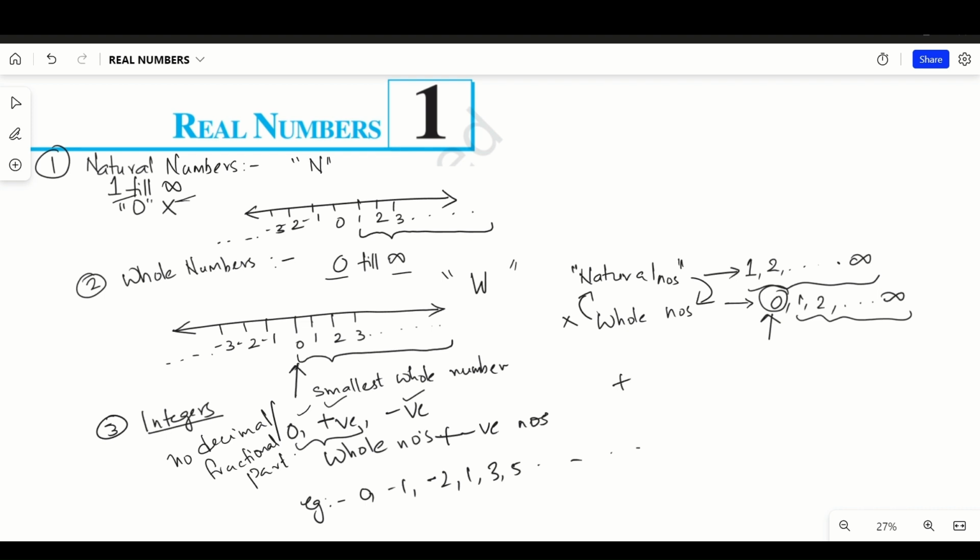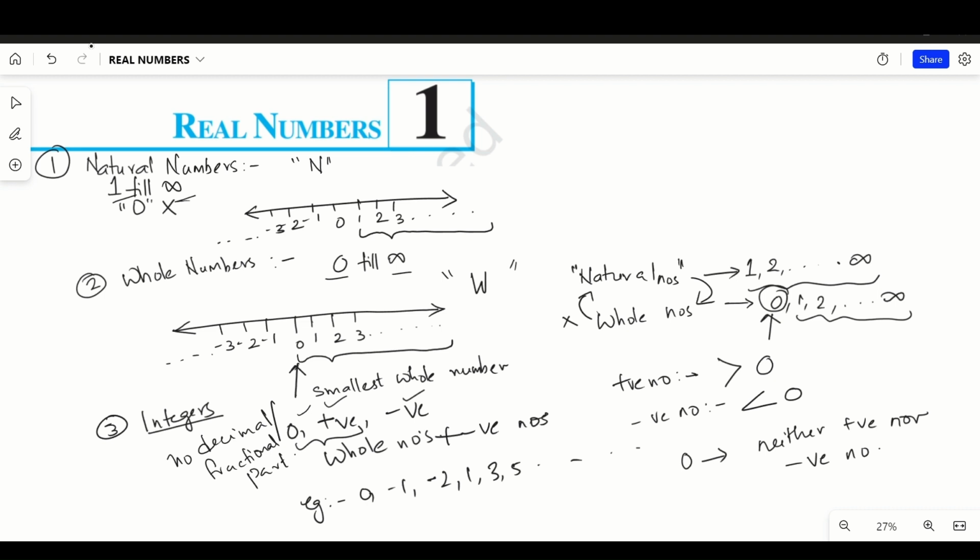What is a positive number? A number is positive if it is greater than 0. A positive number should always be greater than 0, and negative numbers are those numbers which are less than 0. And 0 is defined as neither a positive nor a negative number.